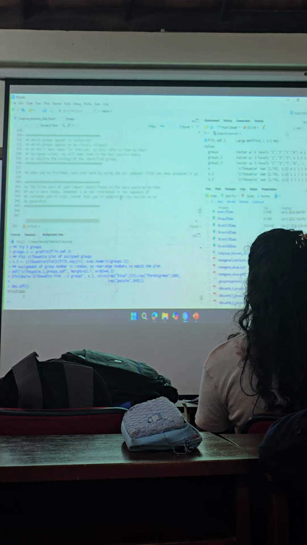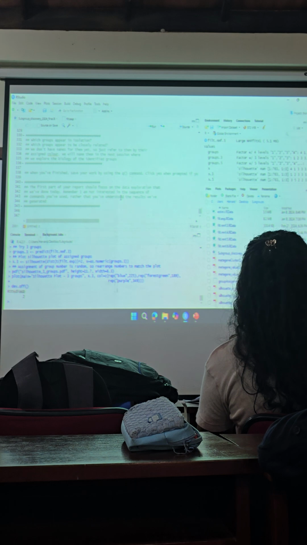Okay, so finally what we did, first we chose 4 subgroups, and then we assigned each sample the subgroup number.